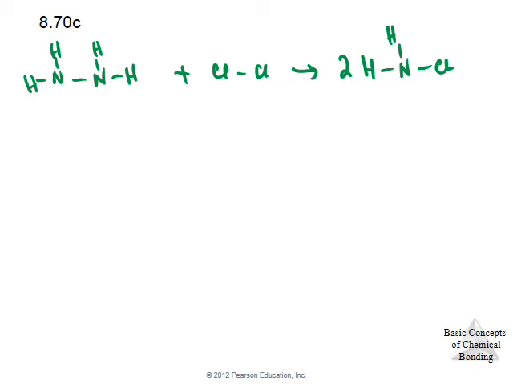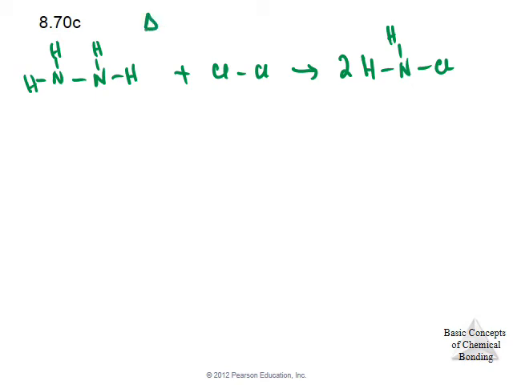Let me double check whether I copied everything right. NH2, NH2, and then Cl-Cl gives 2 NH2Cl.